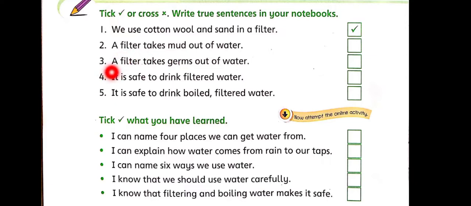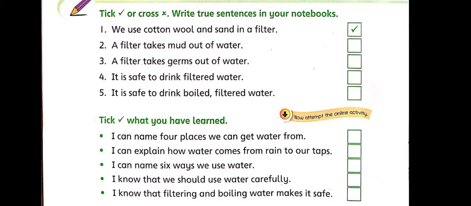The third one is this: a filter takes germs out of water. Can we change our dirty water into clean water just by filtering it? If the water is muddy, there should be some germs also.